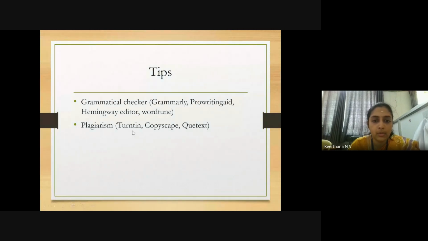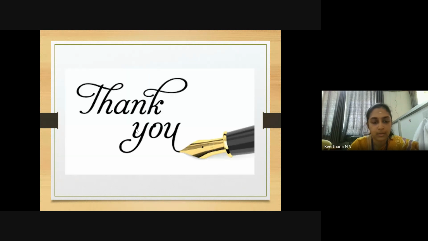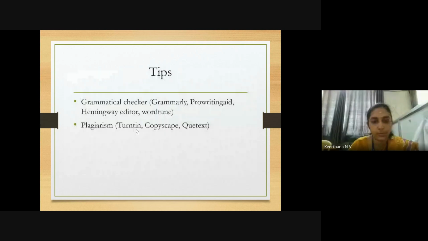So for plagiarism tools: Turnitin, Copyscape, and QText. Turnitin will find out if you are using a content writer for writing a paper. Turnitin will easily find out, using a plagiarism checker. I will show you that report also.